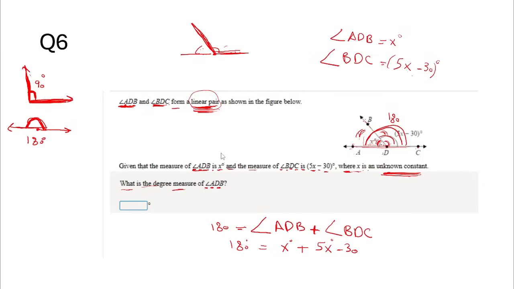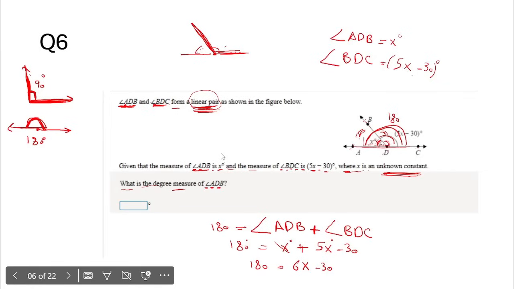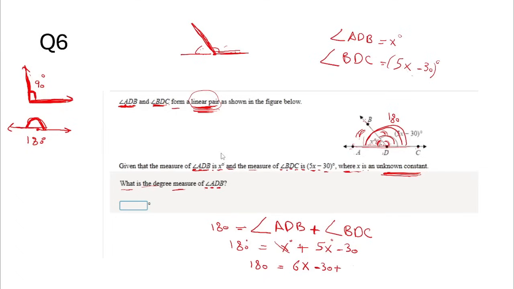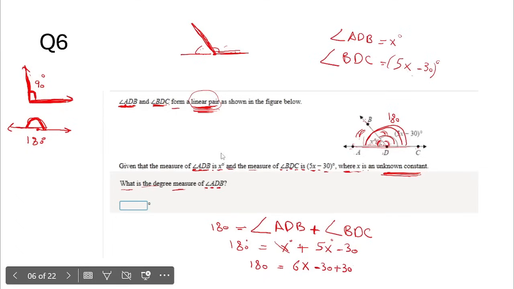Okay, so let's simplify this one. x plus 5x is 6x minus 30 equals 180. We need 6x, so we need to remove this 30. To do this, I have to add 30 here, and if I add 30 on this side, I have to add it also here.